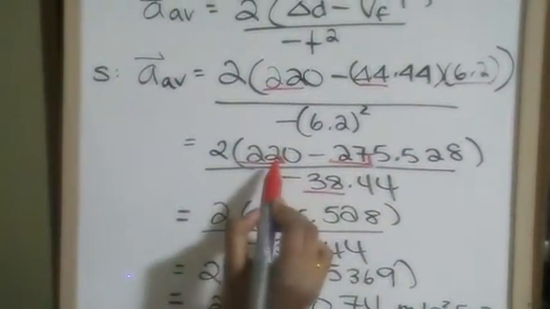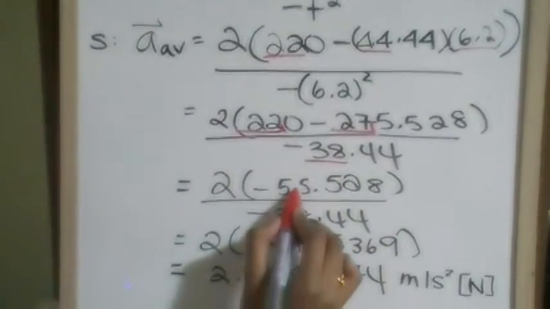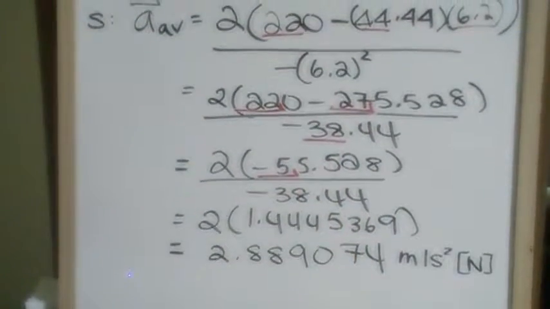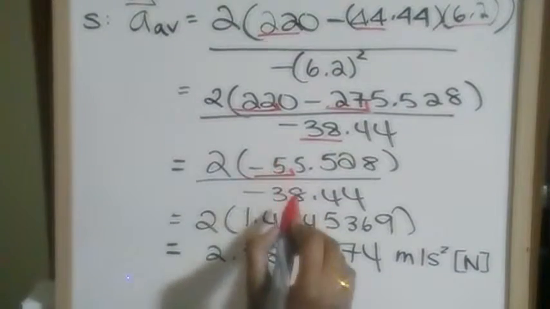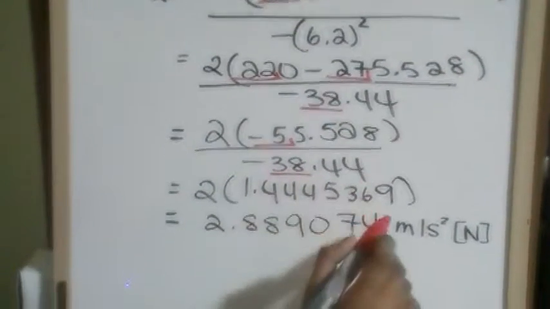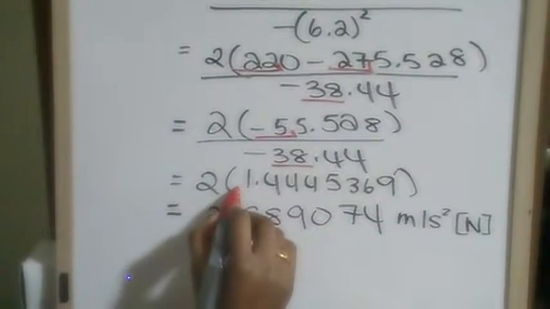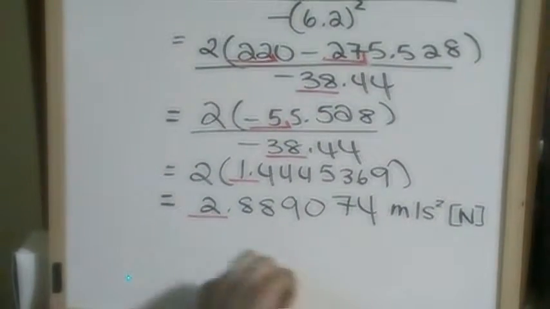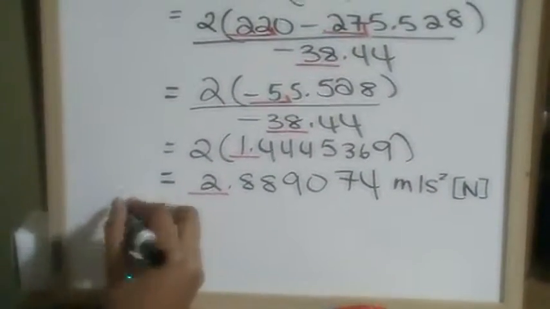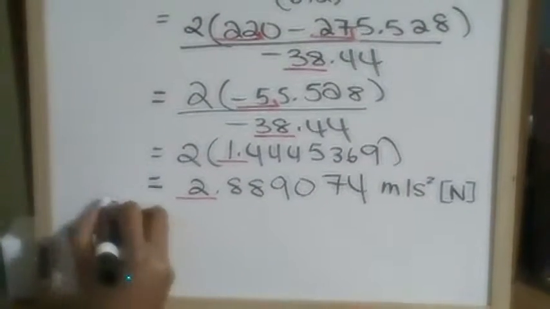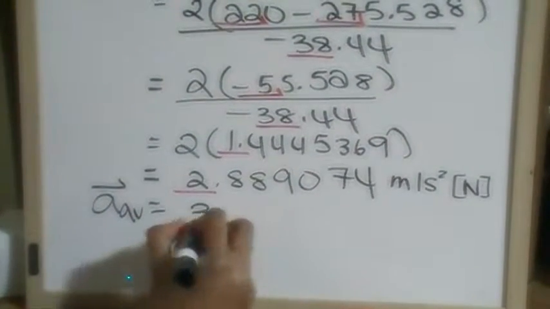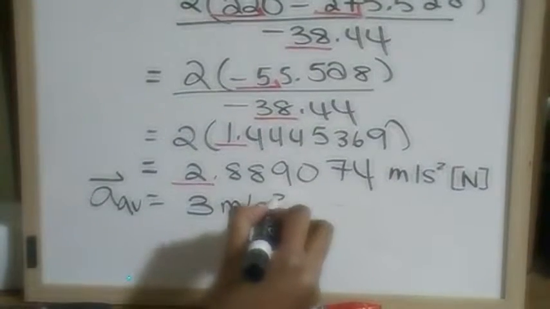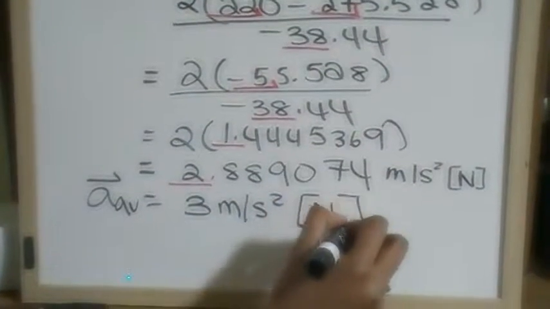Subtraction, this is in the tens column, this is in the tens column, so we're going to aim and keep the tens column. And that's one significant digit divided by two significant digits, so we're going to keep one significant digit, which means we only need one significant digit over here. So our final answer is 3 meters per second squared north.